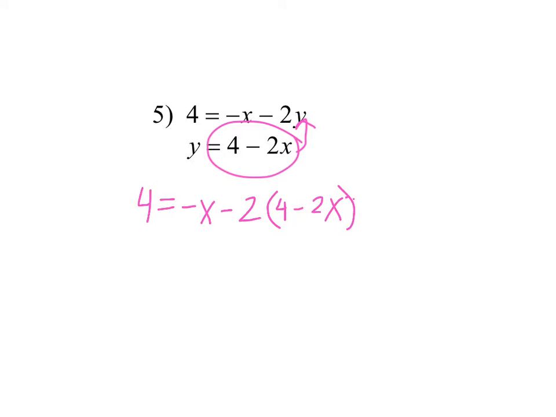What do we do first to solve this? Distribute. So we have to distribute this negative 2 to both things in the parentheses.